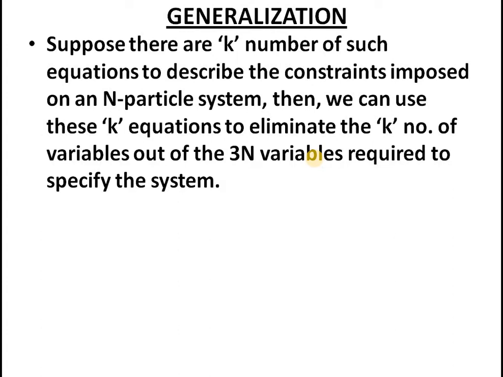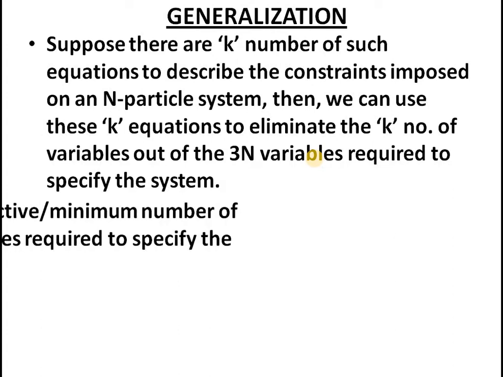K constraints. So what can we do? In fact, there are 3n variables needed to describe the system. But k coordinates you can remove because there are k constraints. So what is the number of variables remaining then? The degrees of freedom will be 3n minus k.